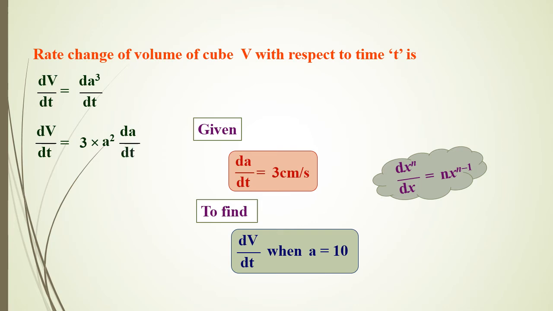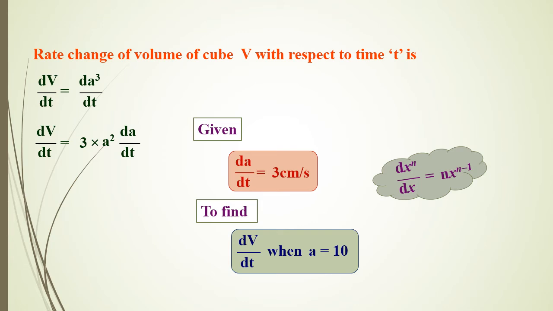Next for A cube, you apply the formula x to the power n, which differentiates to n x to the power n minus 1. Okay, here the differentiation of A is with respect to time, that is t. So after finding the derivative of the power cube, don't forget to write the differentiation of A. Therefore it can be written as dA divided by dt.